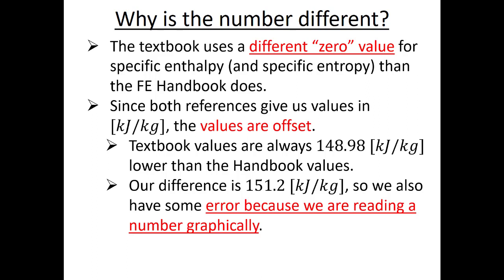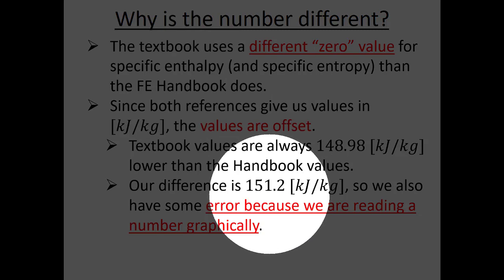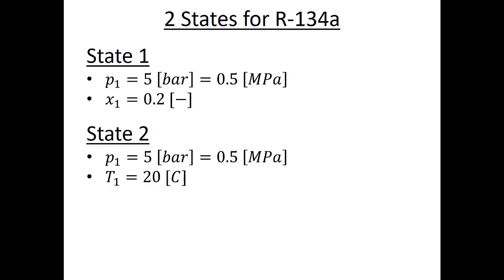If you see this on an exam, I'll tell you which method I want you to use, right? Our difference here was just over 150, so our graphical reading is not too bad, but we do have some error because we're just reading this graphically off the chart. Obviously, doing this has more uncertainty involved than if we were interpolating on a table.